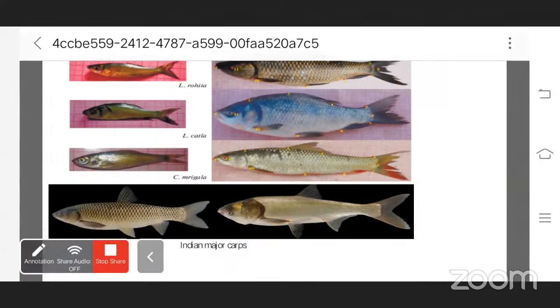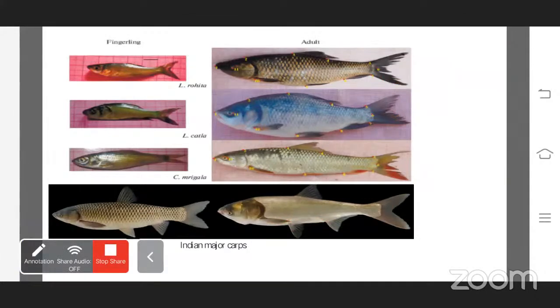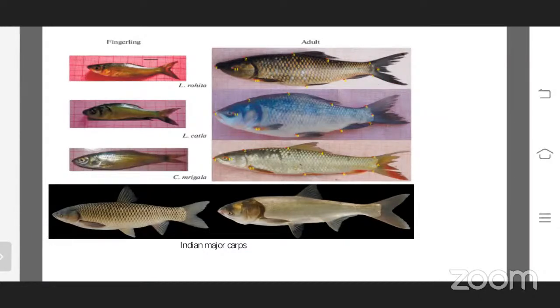This is the glass carp, and the first three are Labeo rohita, catla, and mrigal fishes. These belong to the fishes we especially use in aquaculture for production.